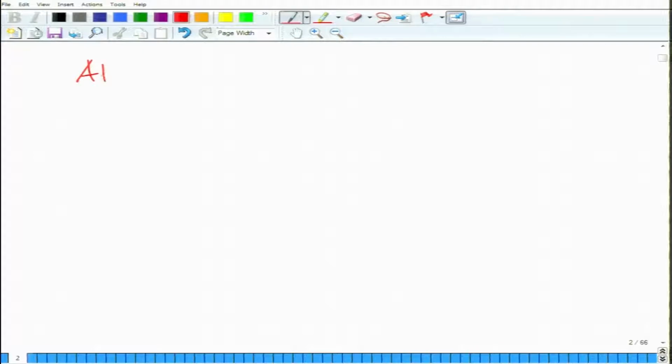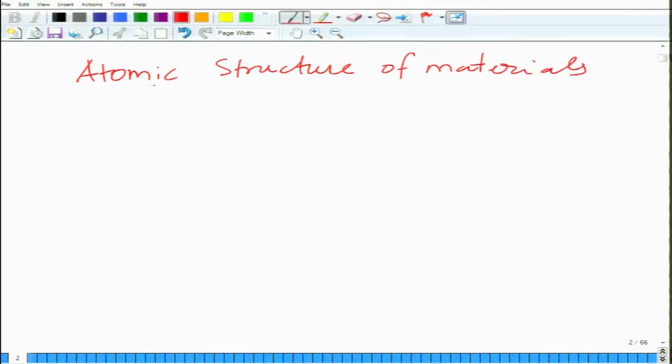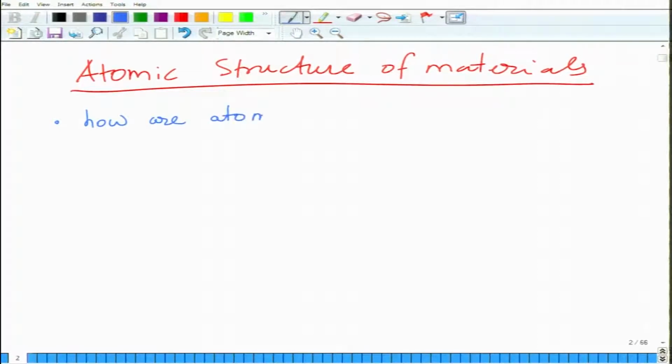Coming from bonding, we move to the atomic structure of materials. So in this lecture and onwards we will learn about what we call the atomic structure of materials, and the objective of this is basically to learn how atoms are arranged in space.